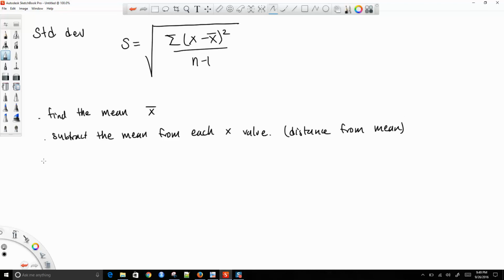And then you square that difference, square the distance, add up, and divide by n minus 1. And then take the square root.